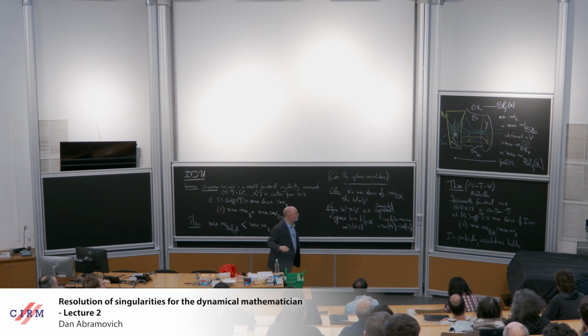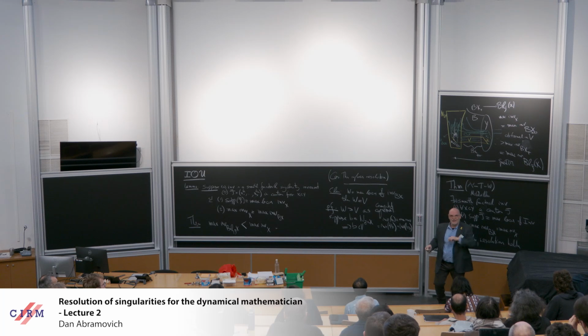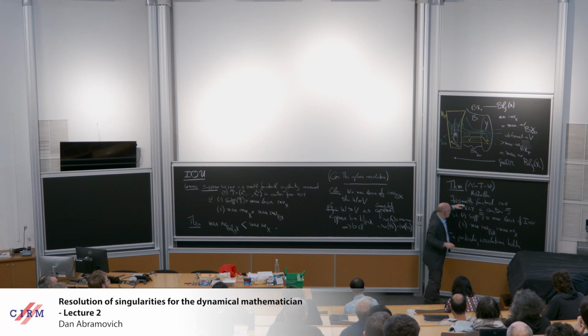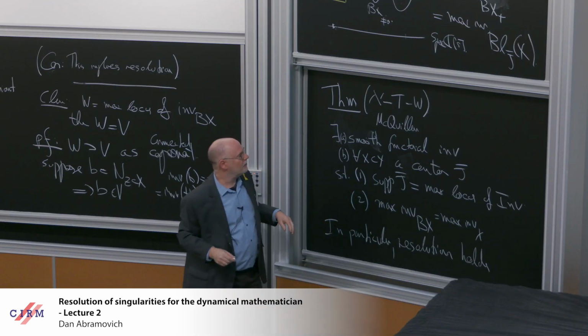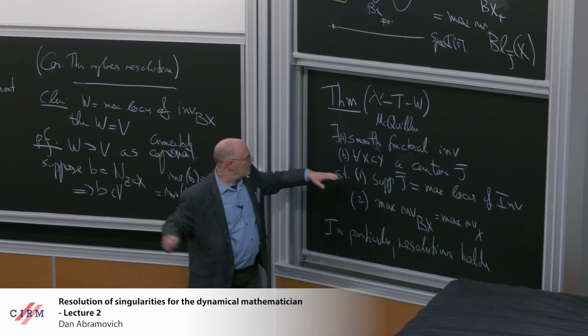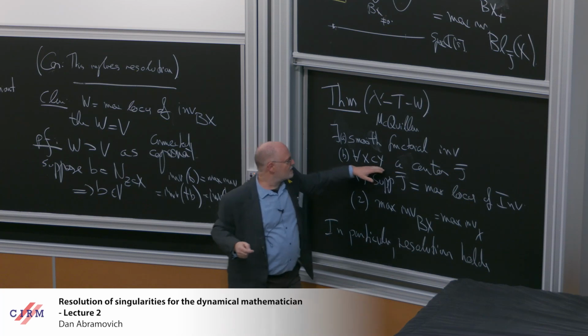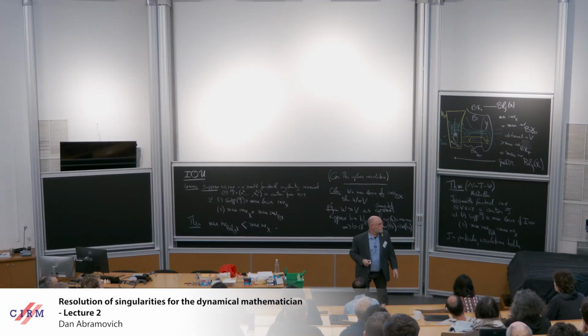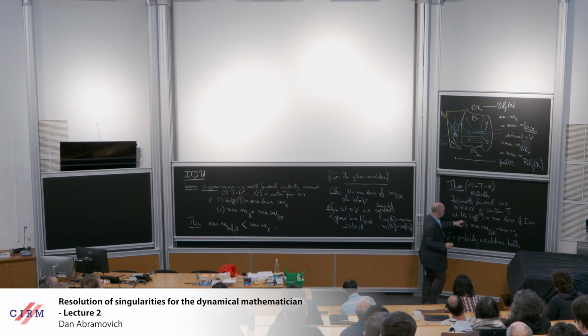So the theorem that we prove, and in essence also McQuillan, we didn't write it this way, and he didn't write it this way, but the theorem is: there exists a smooth functorial invariant. For any x in y, there's a center, J bar, such that the support of the center is the maximum locus and this second condition.